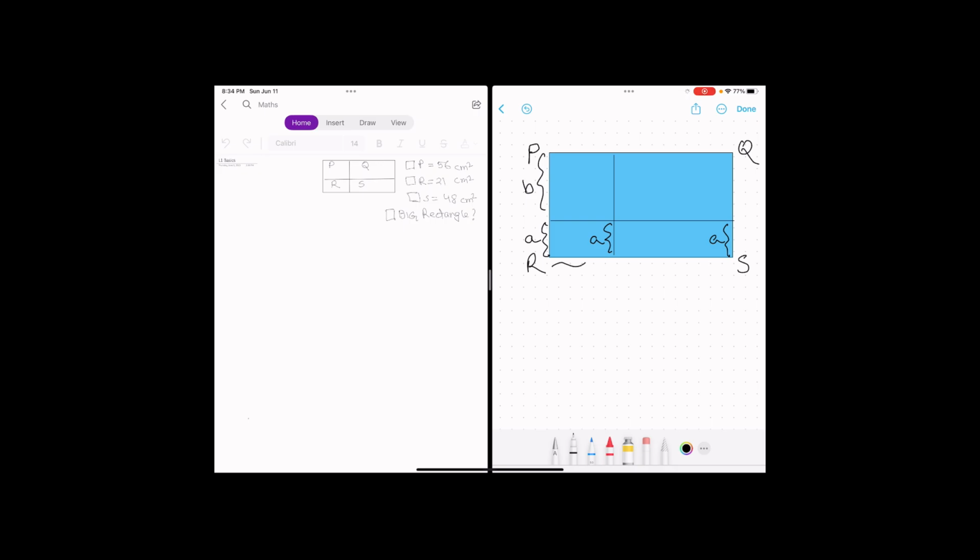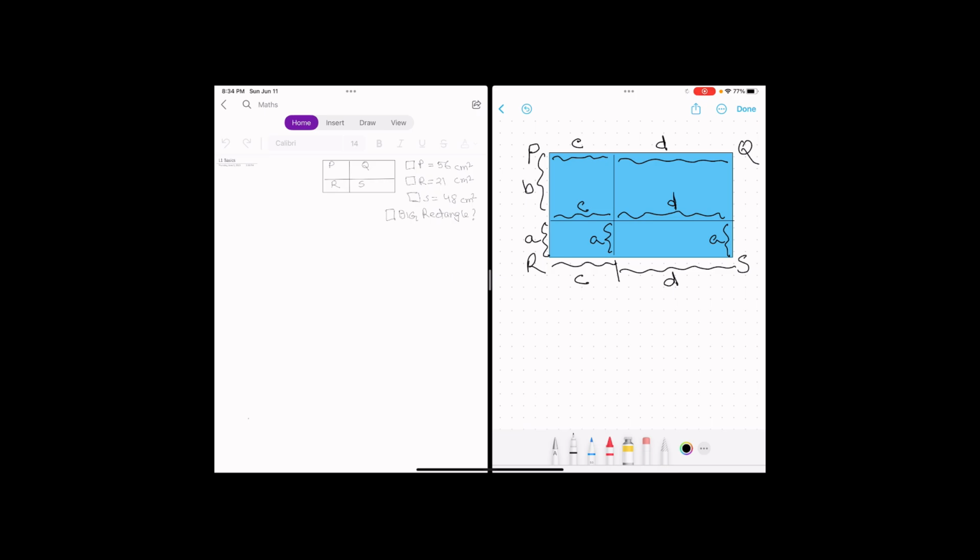So let's consider this as C, and let's consider this much as D. So this length will also be C, this length will also be C, this much will be D, and this length will also be D.